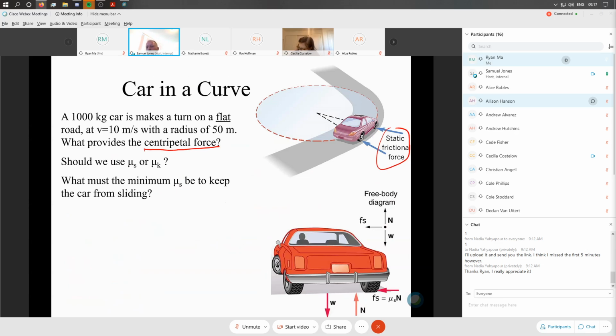So now that we've gone through the conceptual part of this, how would we do the actual solution? Or in other words, what is the minimum value of mu that would keep the car from sliding under the conditions laid out in the earlier part of the problem?